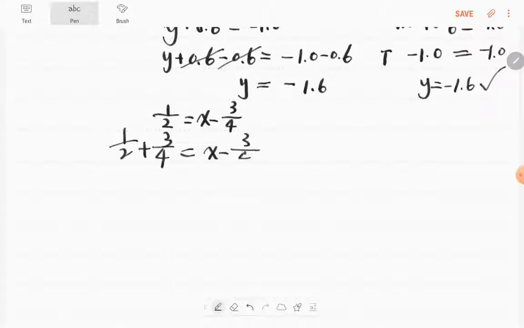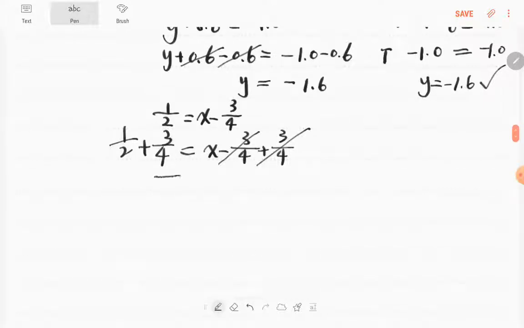Because if we do this one, we can make x alone, because negative, positive will cross out. So we only have x is equal to 5/4. Now we use this answer to check if it's correct or not.